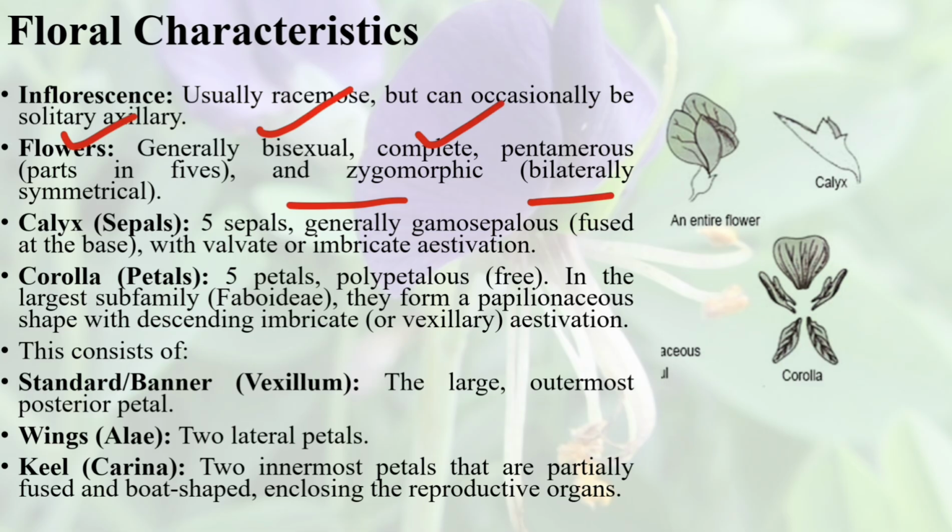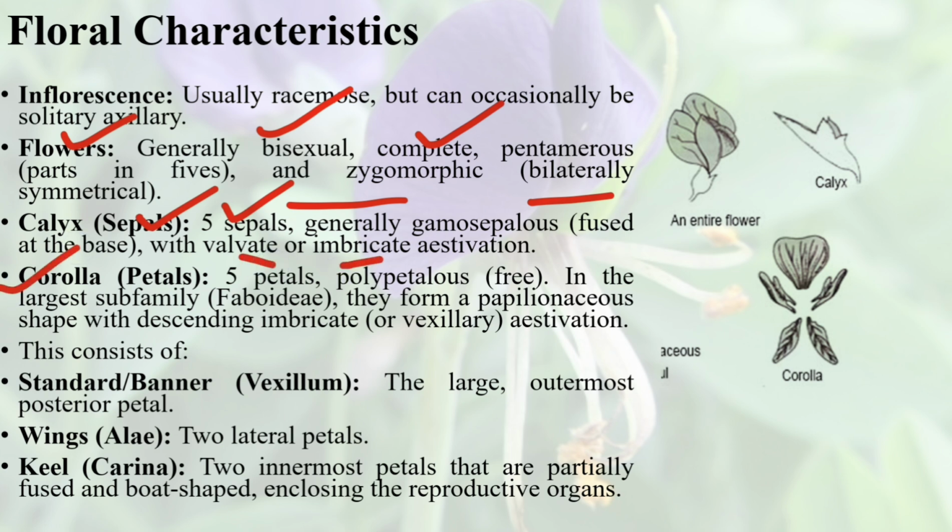Calyx or sepals, the flowers have 5 sepals. Generally gamosepalous condition is observed, that means all the sepals are fused at the base with valvate or imbricate aestivation.